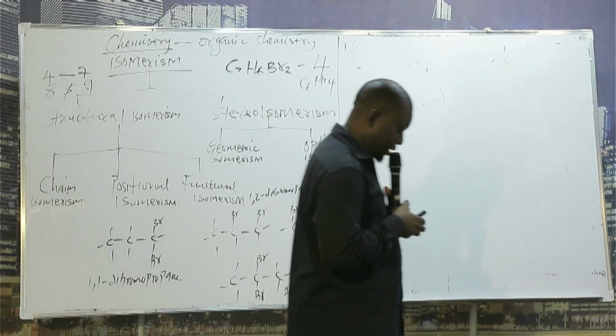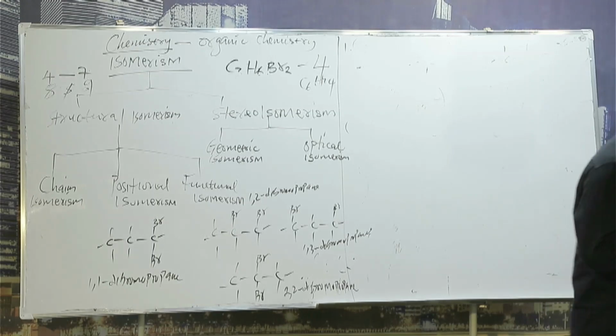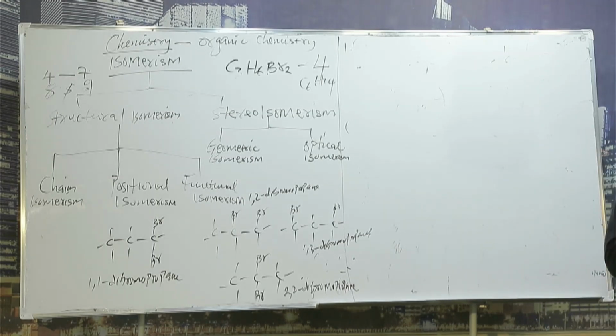Please, isomers. Ethyl ethanoate and butanoic acid, or butanoic acid and ethyl ethanoate, are functional group what? Isomers.